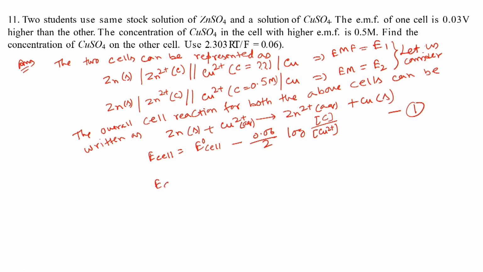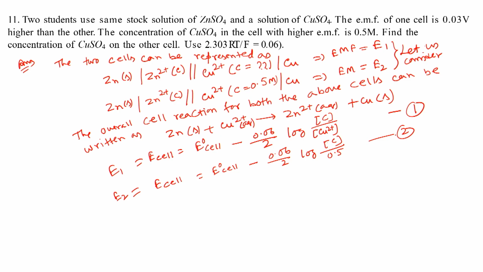And for the next cell, this is E2 for cell 2. So E cell will be E naught cell minus 0.06 by 2 log again, the concentration of Zn2+ is C, and the concentration here is 0.5. This is equation 2.